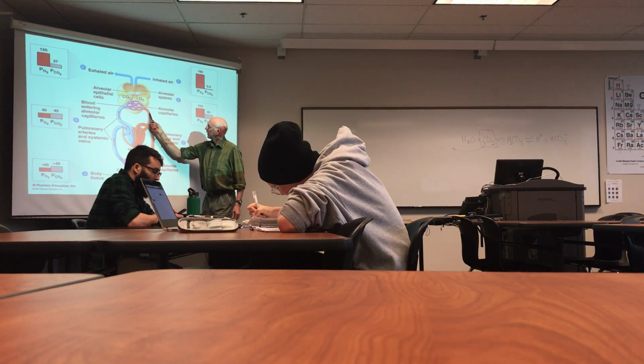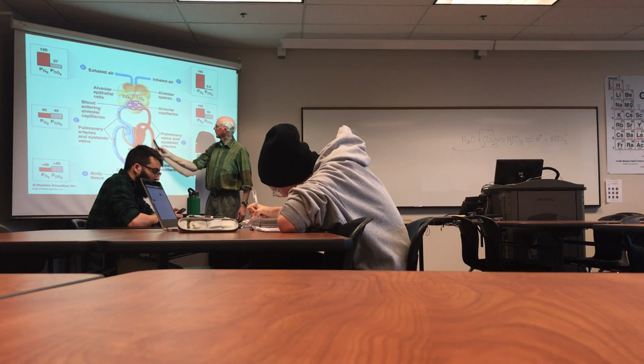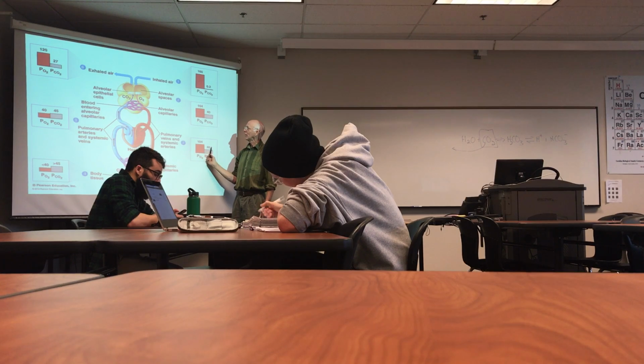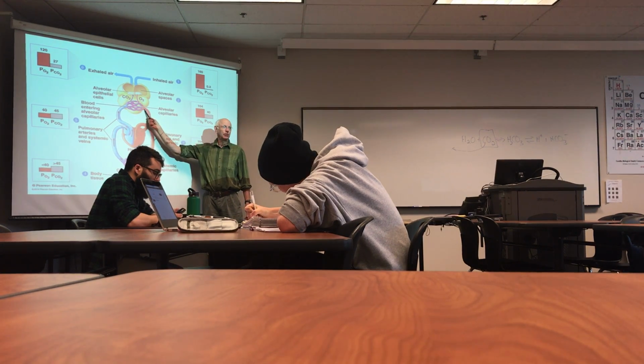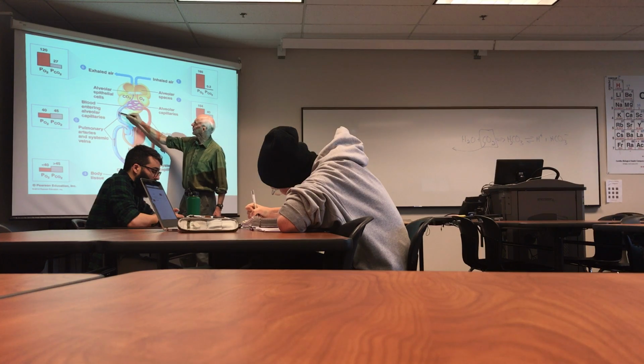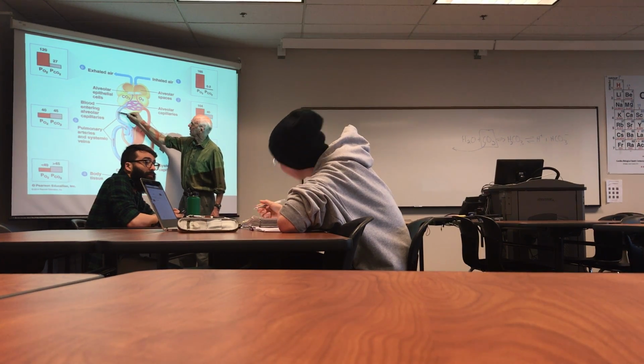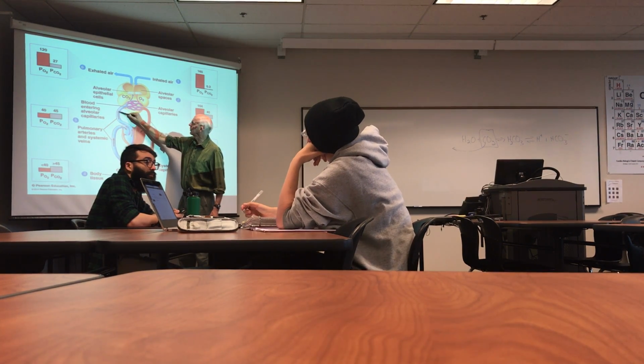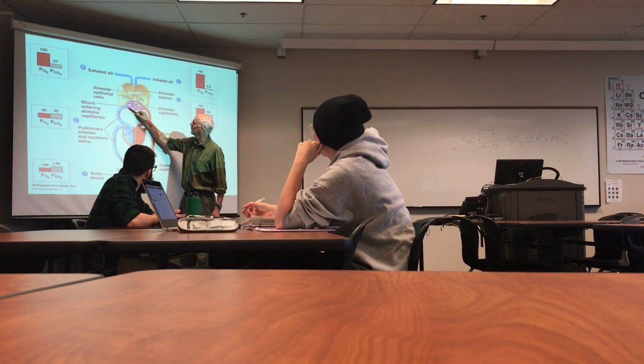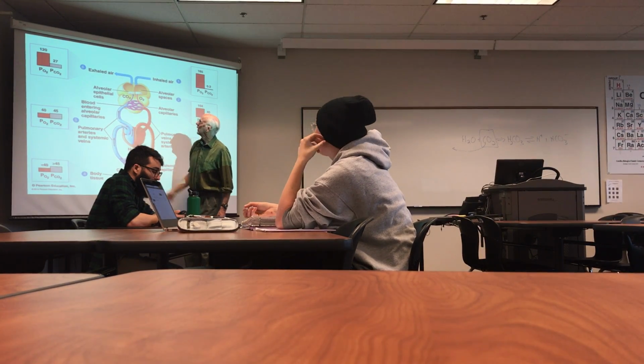Whatever this is, given by this value, it's got to be the values towards the end of the capillaries. The values coming in here, at least the O2 and CO2, have got to be what's going on here.